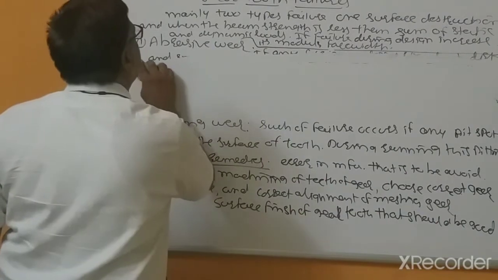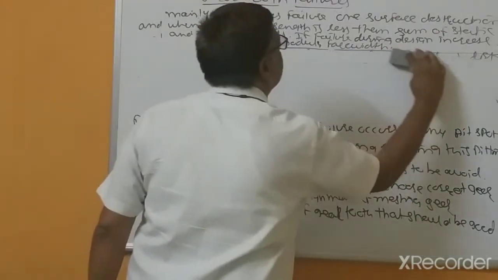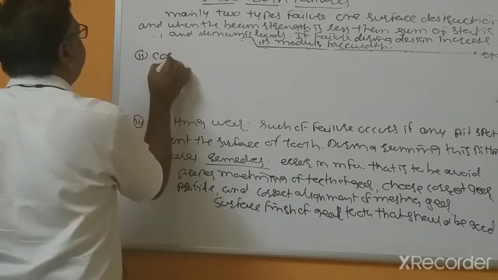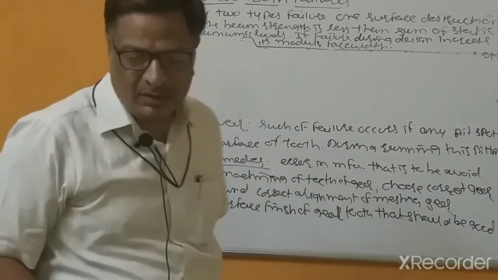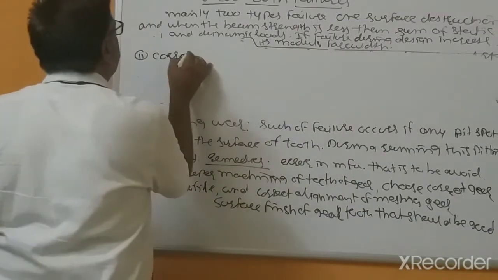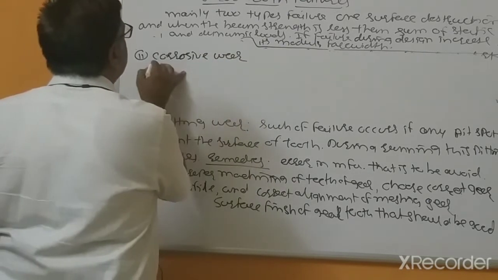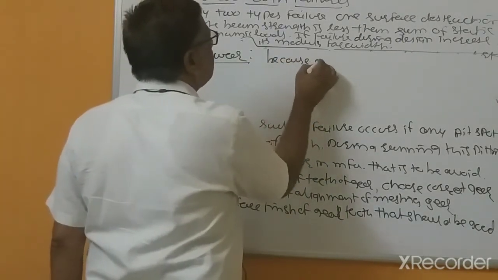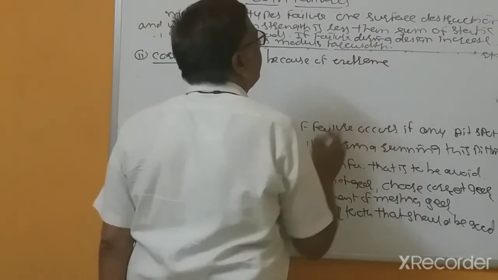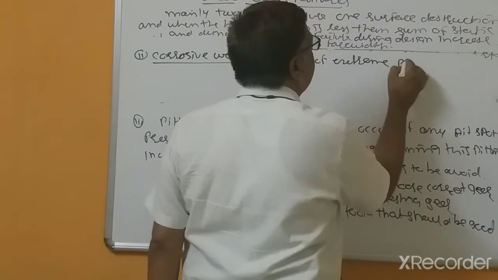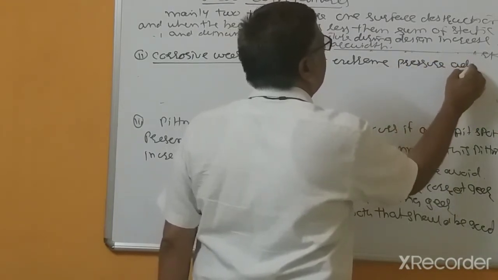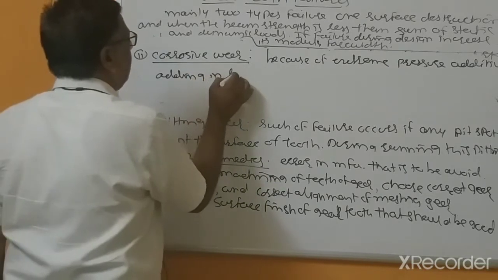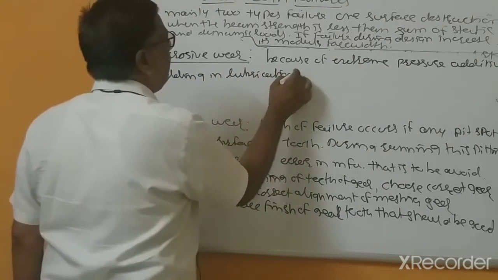So next is the third type of failure, the corrosive wear. This type of wear occurs because of extreme pressure additives added in the lubricating oils.